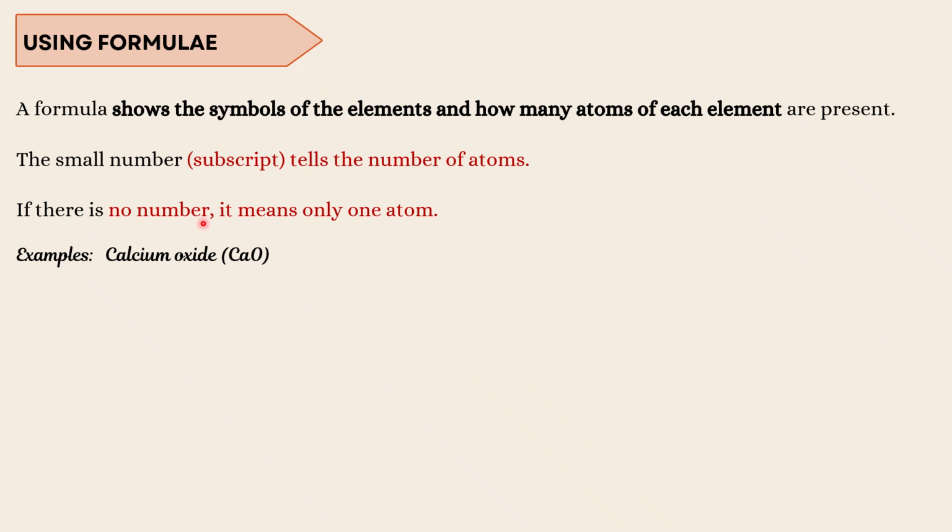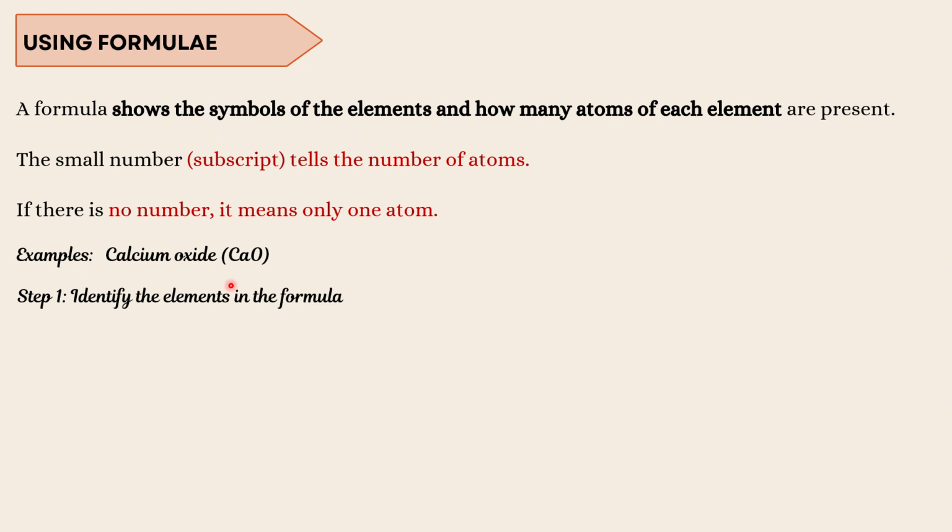Suppose there is no number, like for example in this case, I cannot see any number written after the symbol of calcium or oxygen. So I will consider it as if no number is written, which means there is only one atom of that particular element present in the given substance. So let us understand how to take out the information about this particular substance from its formula.